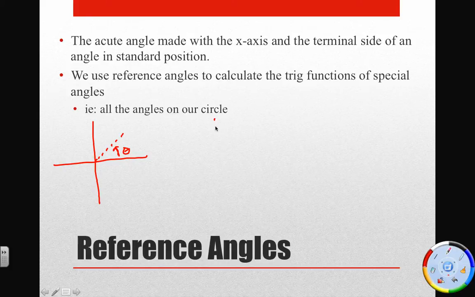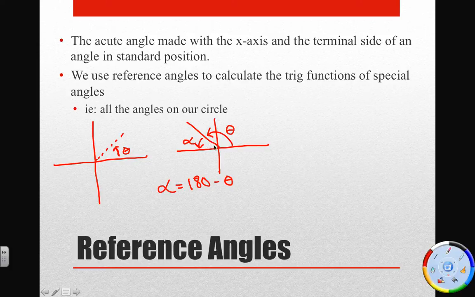However, as in my picture from before, if you're in quadrant 2 and this is theta, this little angle is, the book calls it theta prime, but let's just call it alpha. And how you're going to find that is you're going to do 180 minus theta. So we're going to say alpha equals 180 minus theta. That's for quadrant 2.